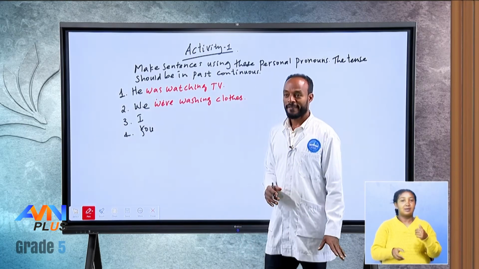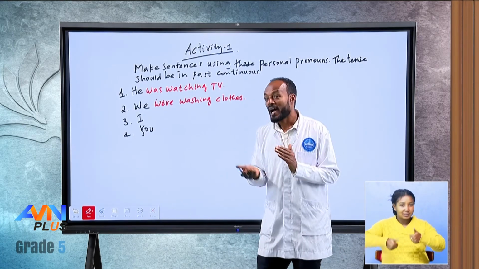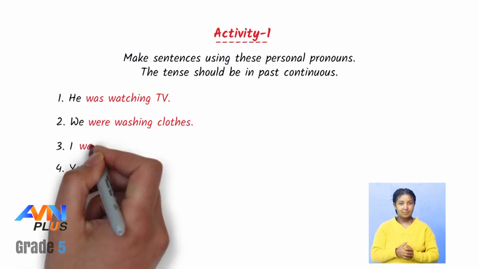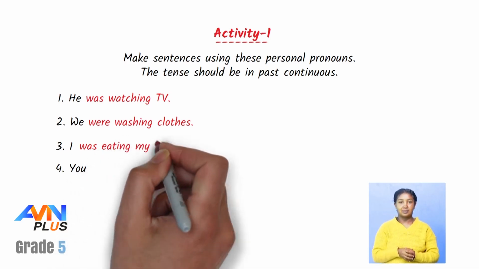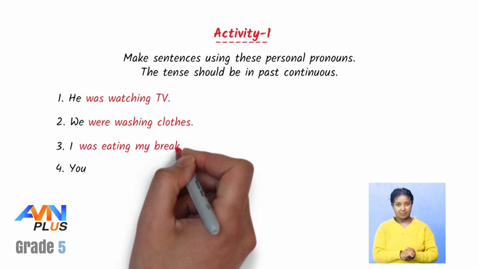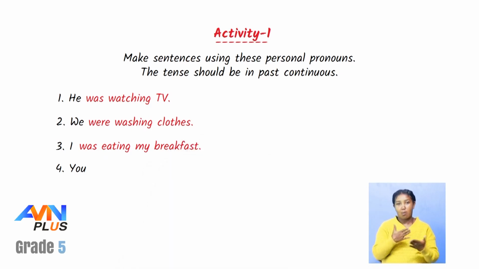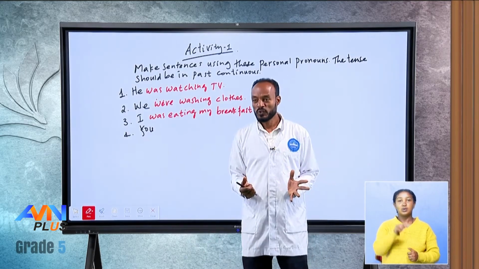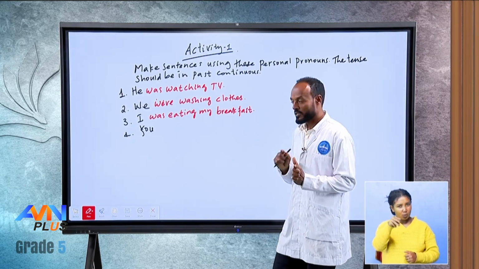What about I? Can we say I was or I were here? I was. I was eating my breakfast. What about you? You were. Not you was.